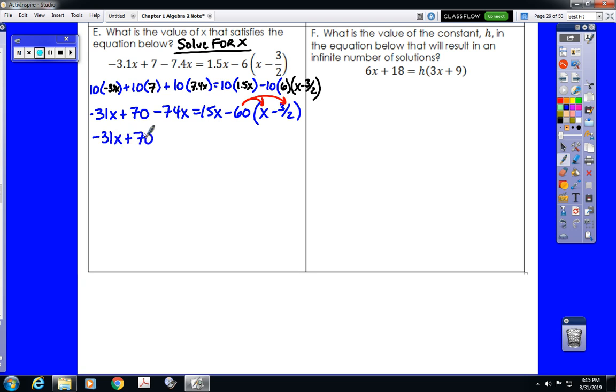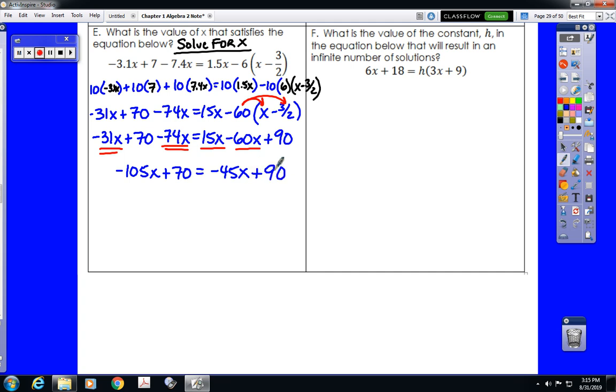So we will have negative 31x plus 70 minus 74x equals 15x minus 60x plus 90. Now we add like terms. So we have x's on the left side and we have x's on the right side that need to be added together. That would be negative 105x plus 70 equals negative 45x plus 90.